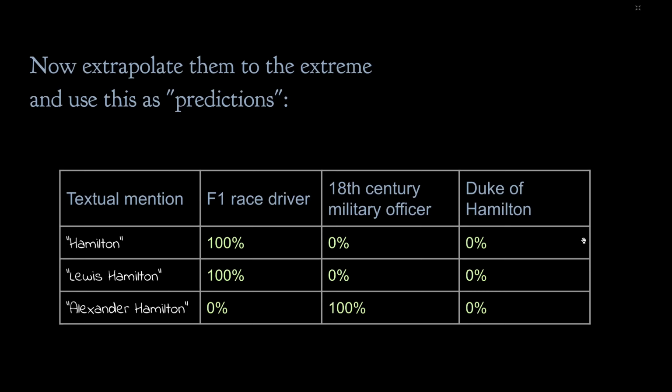Whenever it says Lewis Hamilton, also race driver, whenever it says Alexander Hamilton, we'll link it to the founding father. So this is a very easy way, what I call a prior probabilities baseline, where we just exploit the inherent connection that we make between certain words and certain concepts in real life.